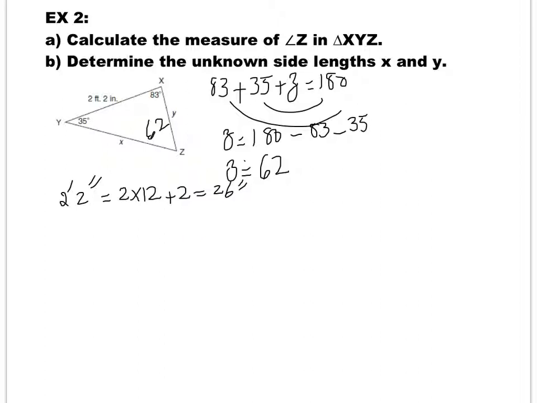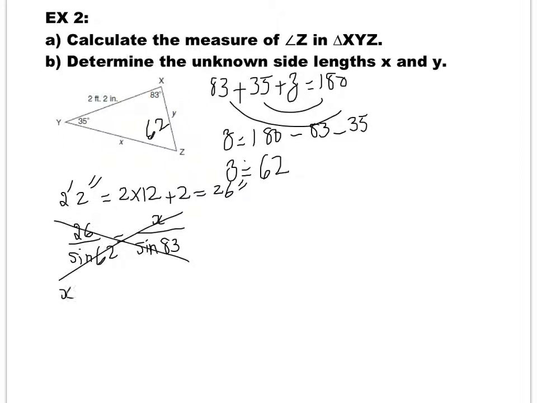Now I'm going to write the sine law. I'm going to say 26 inches divided by sine 62 is equal to, let's try finding side x, X divided by sine 83. Now I'm going to crisscross.